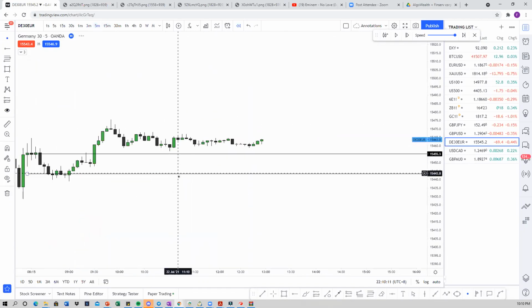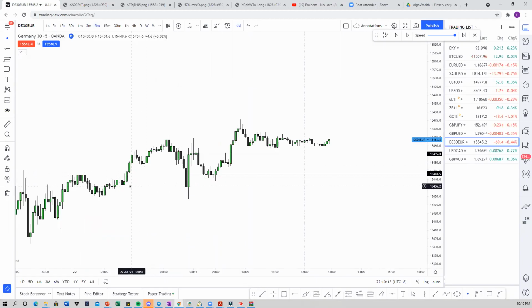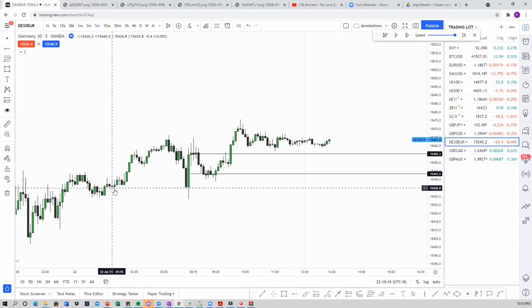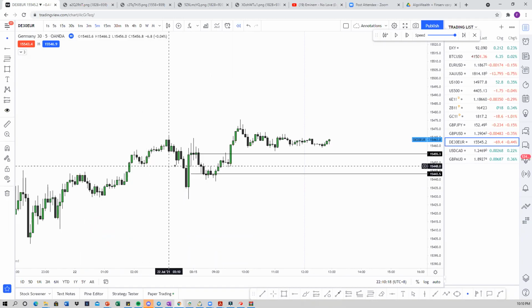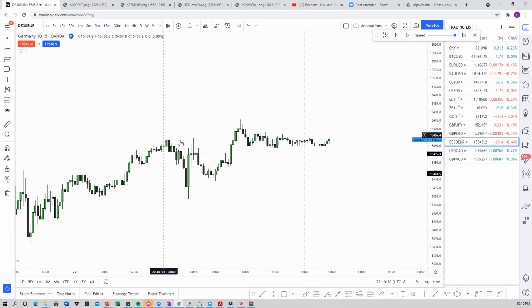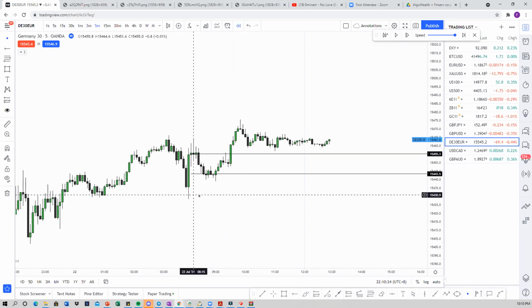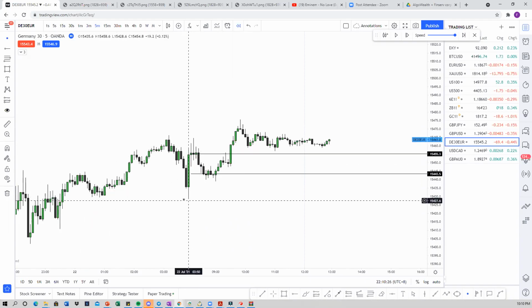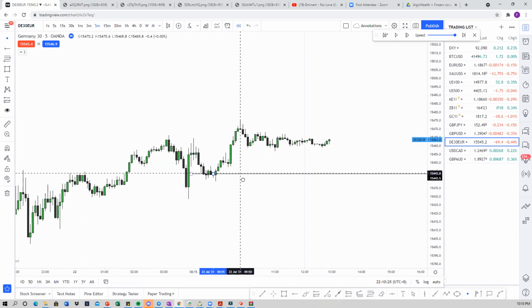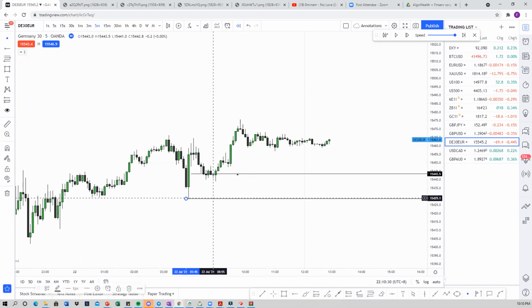Look at the 5-minute. Stop hunt, up. This is now what? A strong low. Okay, strong low. Now we change the narrative up here and bring this low here, right?